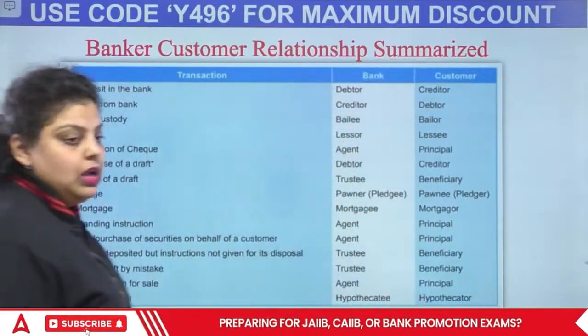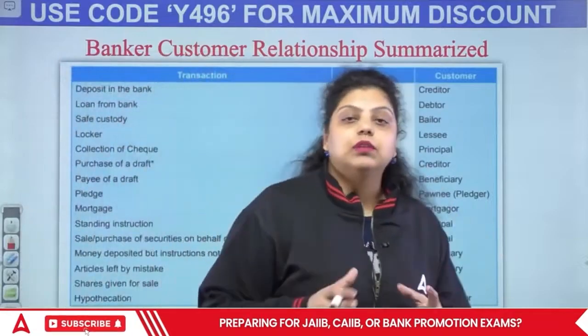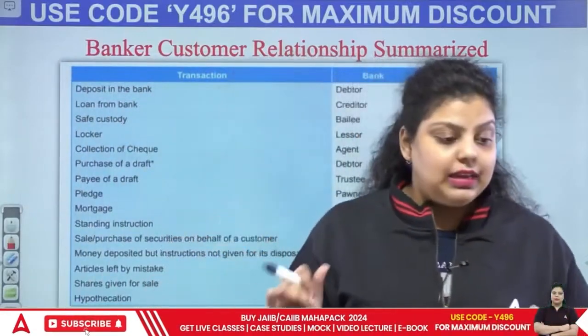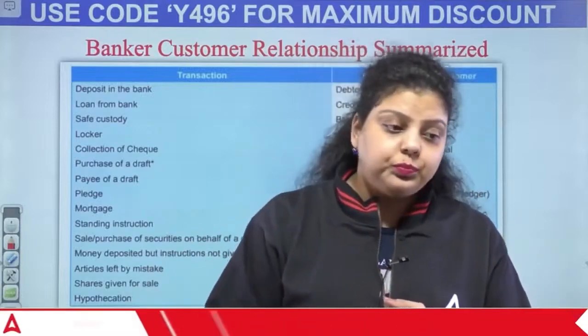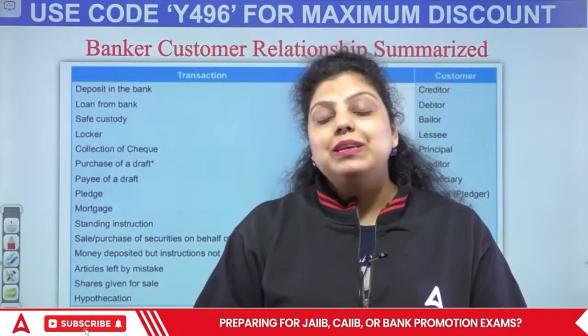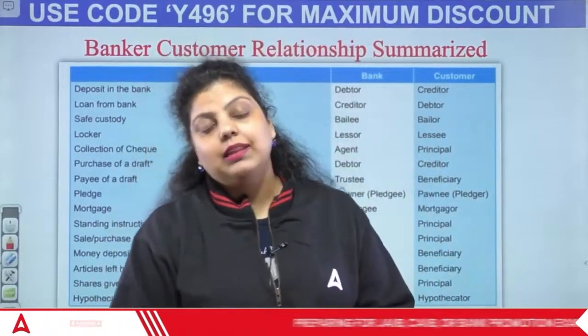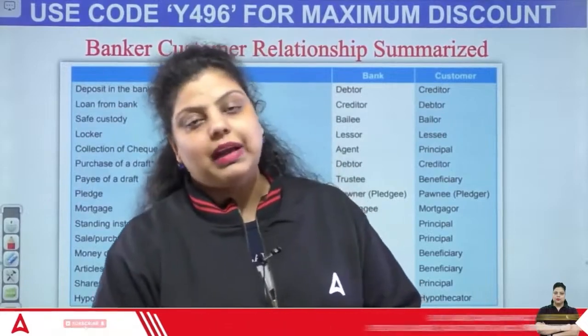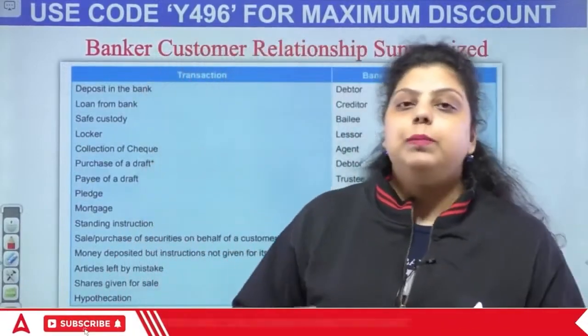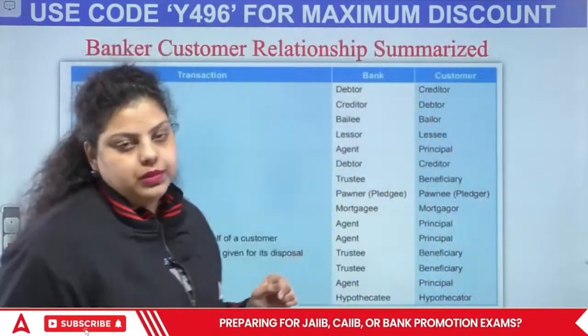So we know a lot of different types of services bank is providing, and a lot of types of banking are there. It means it's very easy to understand that every activity or every service the bank is providing to the customer will be creating a certain relationship with the bank.